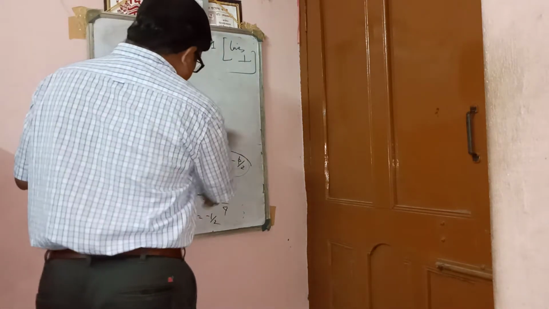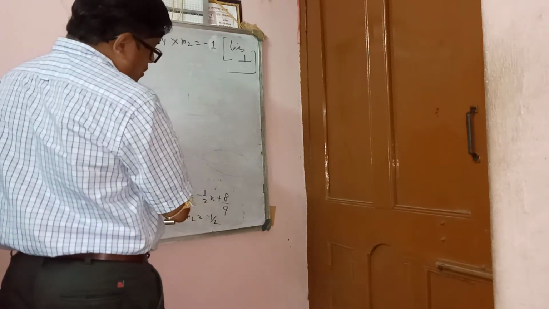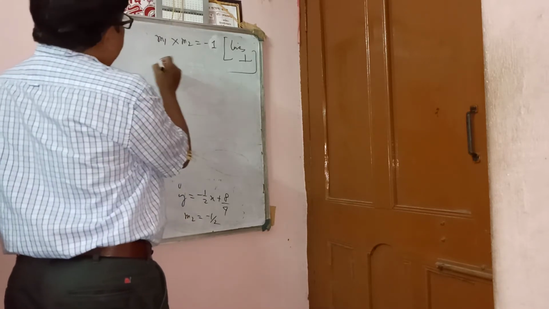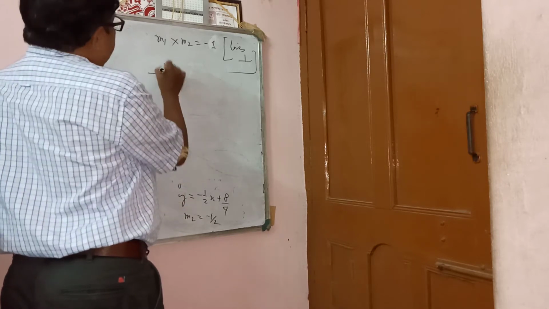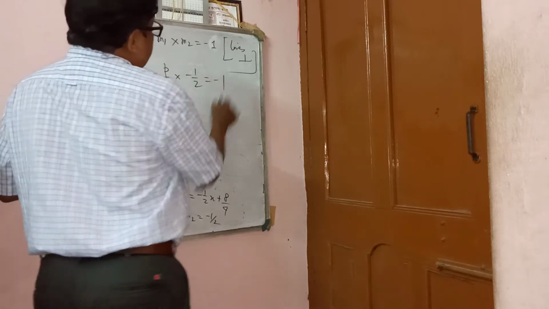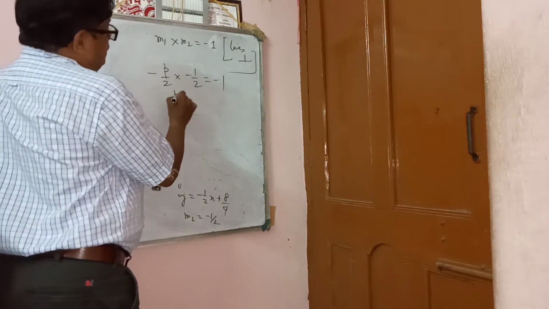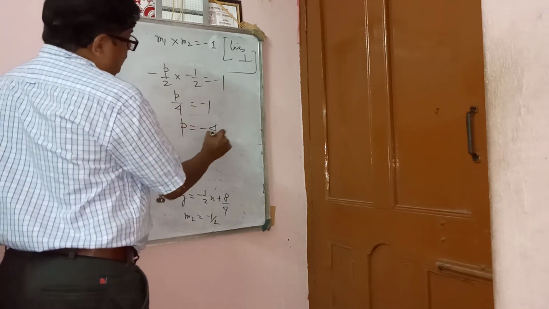Okay, minus p by 2, yes, right. So minus p by 2 into minus half equal to minus 1. Okay, so here p by 4 equal to minus 1, that is p equal to minus 4.